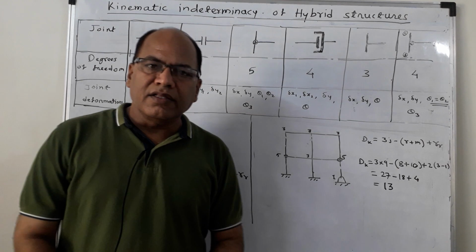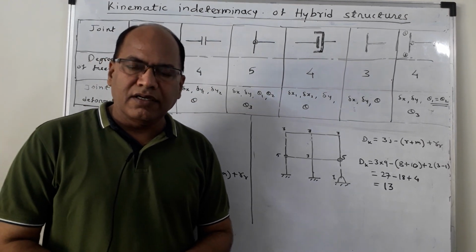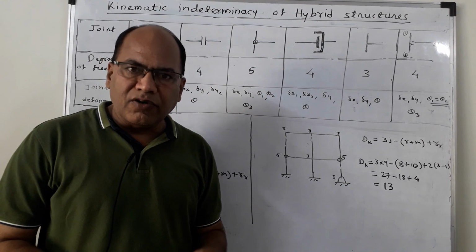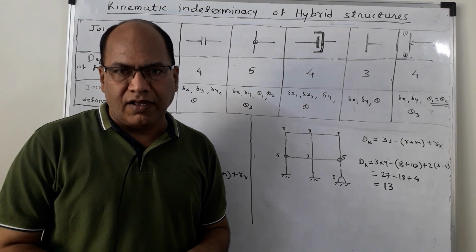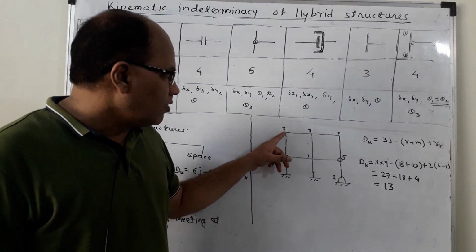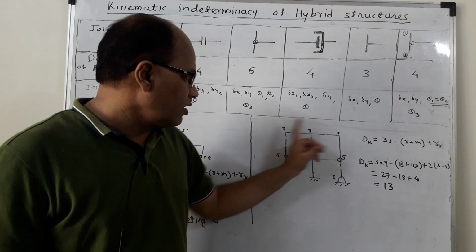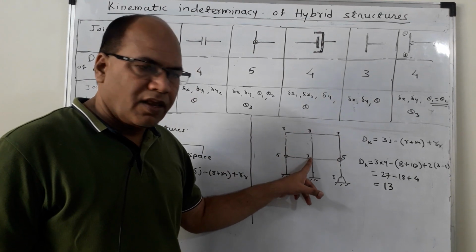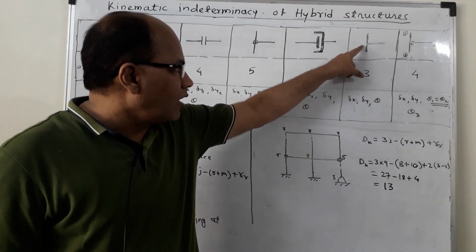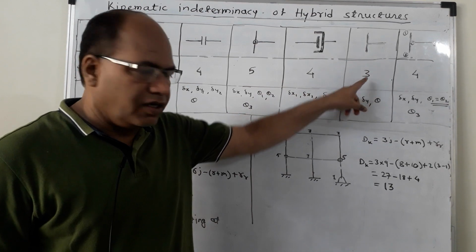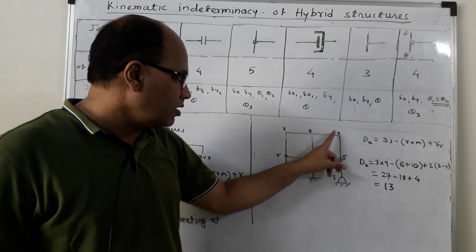You can calculate the degree of kinematic indeterminacy just by counting the number of degrees of freedom also, and this can be done like this. Now there are these rigid joints 1, 2, 3 and 4. Every rigid joint has degrees of freedom equal to 3. So 3 over here, 3, 3 and 3.